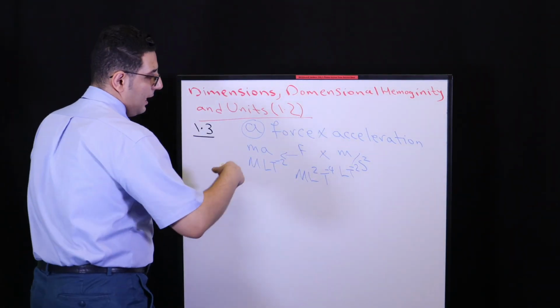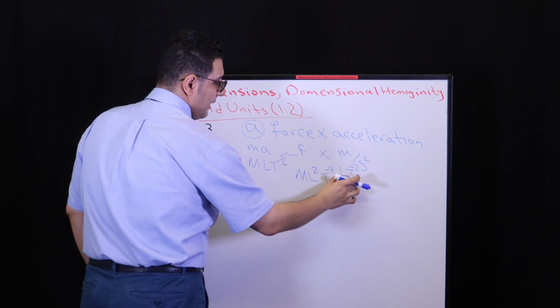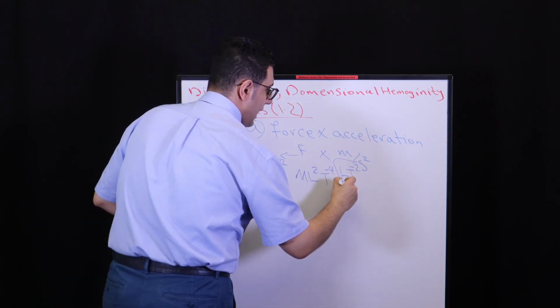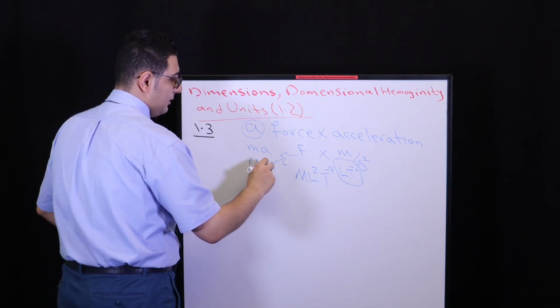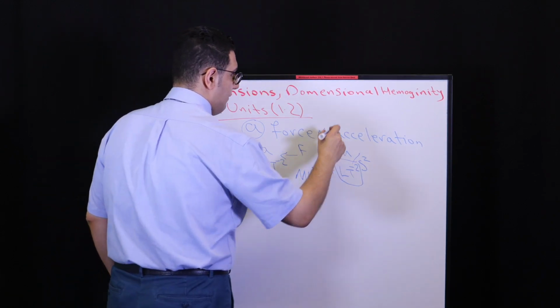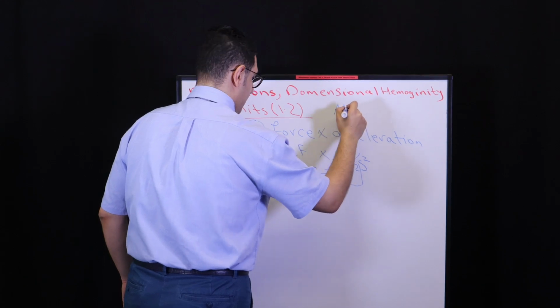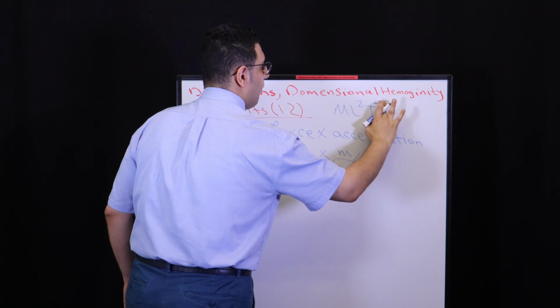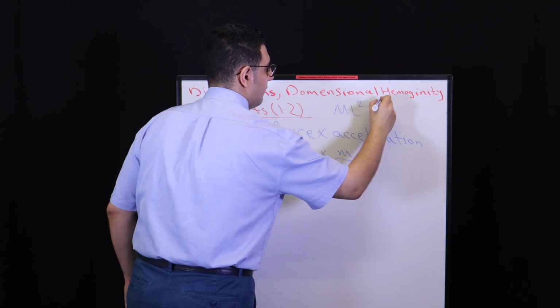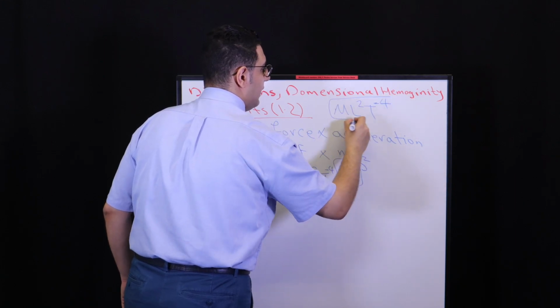So if we multiply these units, MLT to the power minus 2 multiplied by LT to the power minus 2, we're going to have ML to the power 2, T to the power minus 4 here.